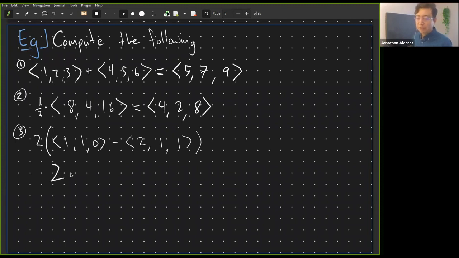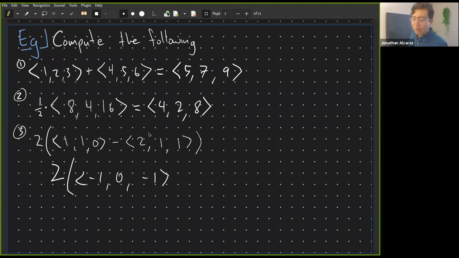So we get 2 times, and now we're just going to subtract these 2 vectors. With subtraction, that works just like addition, where I subtract coordinate-wise. So I do this coordinate minus this coordinate. That gives me -1, 0, and -1.